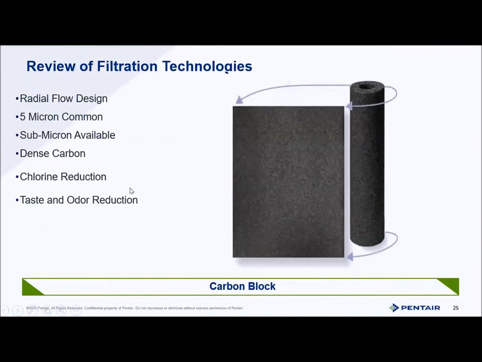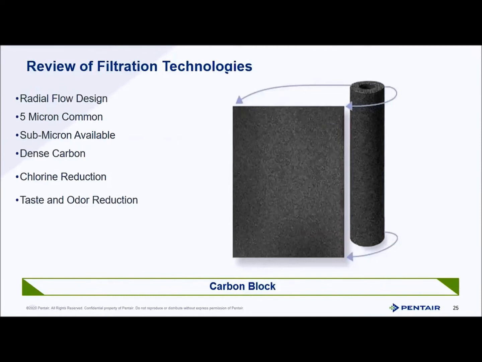Now, a review of carbon filters that we have available in the marketplace. Carbon blocks. Carbon blocks are basically GAC that is put into a press, like that Play-Doh press you had as a kid. You pressed out and squoze out a tube of Play-Doh.